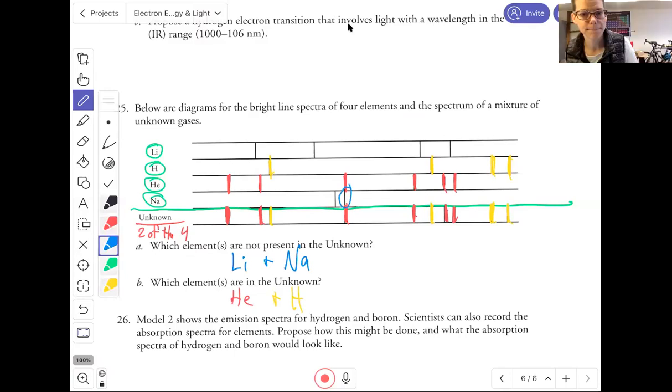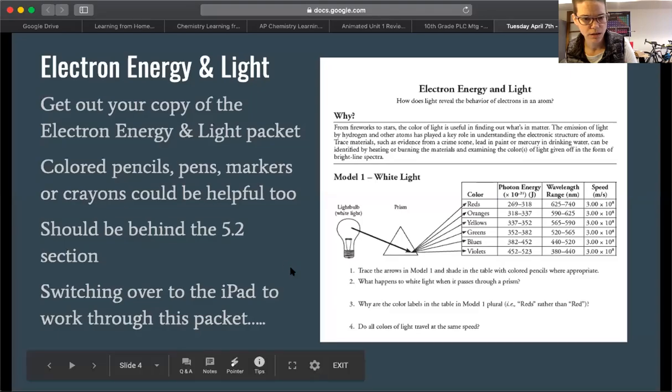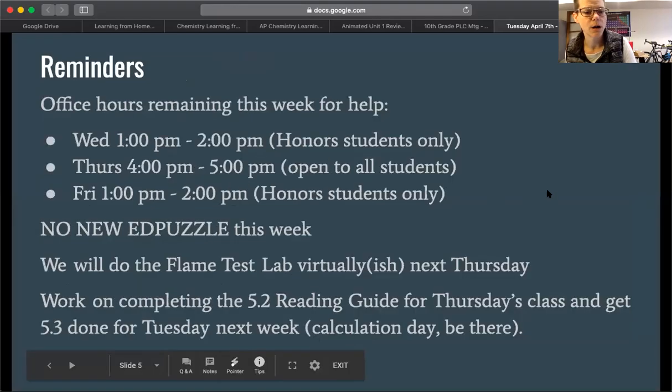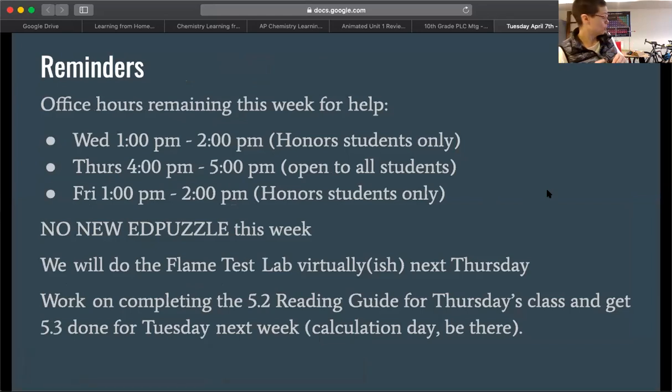Okay. So on Thursday, I am actually going to use one of these spectrum tubes. I brought home my high energy spectrum tube, and I've got tubes for hydrogen, helium, and neon.